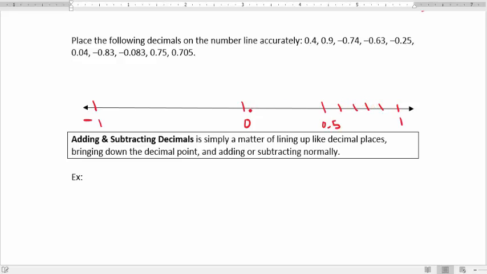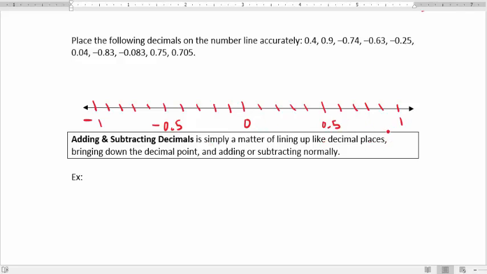And just do the best you can. Here I would need 0.1, 0.2, 0.3, 0.4. Then over here I'd have negative 0.5 halfway. Then I'd have negative 0.1, negative 0.2, negative 0.3, negative 0.4, and then negative 0.6, negative 0.7, negative 0.8, negative 0.9. And remember, we had done this when we did fractions.